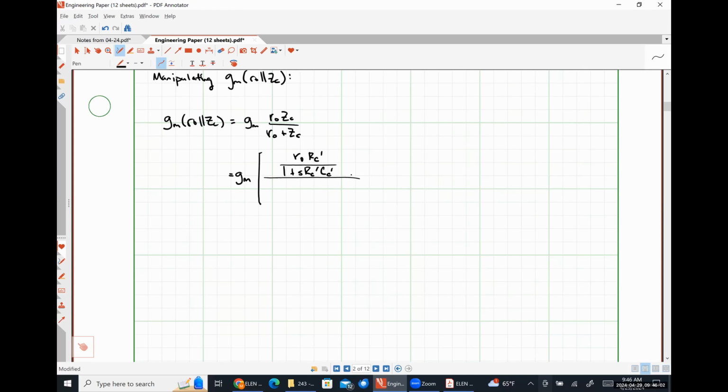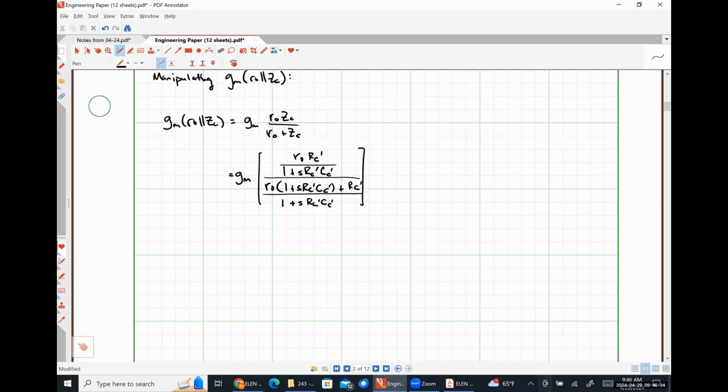So that'll be R naught times 1 plus S RC prime CC prime plus RC prime over 1 plus S RC prime CC prime.